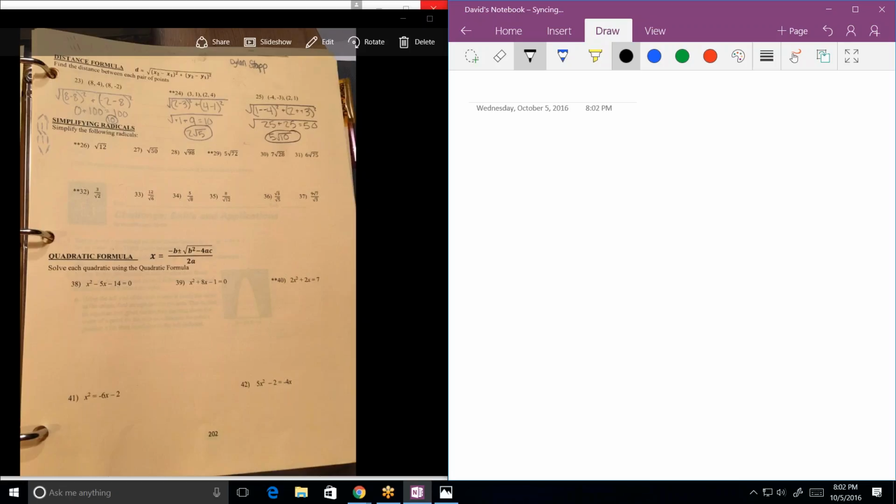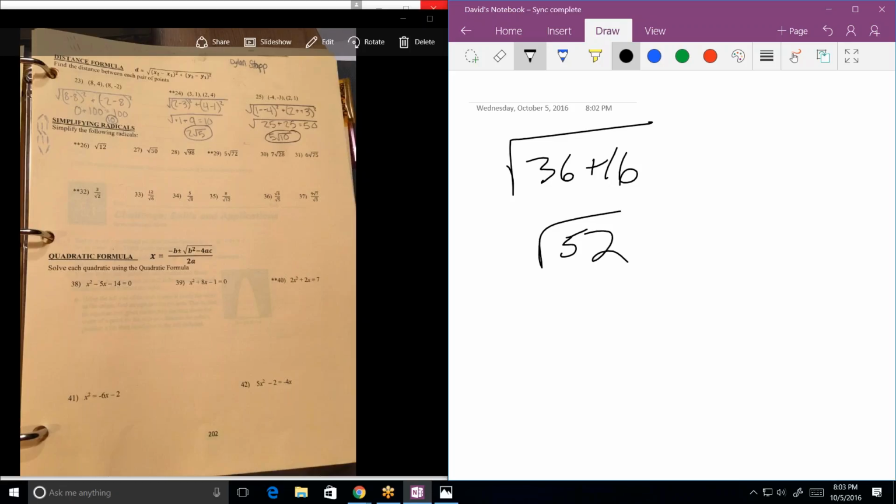It would be 2 minus a minus 4, so that would be 6 squared. Plus the difference in the y's is 4, so that would be 16. So we would end up with the square root of 36 plus 16, which is the square root of 52.